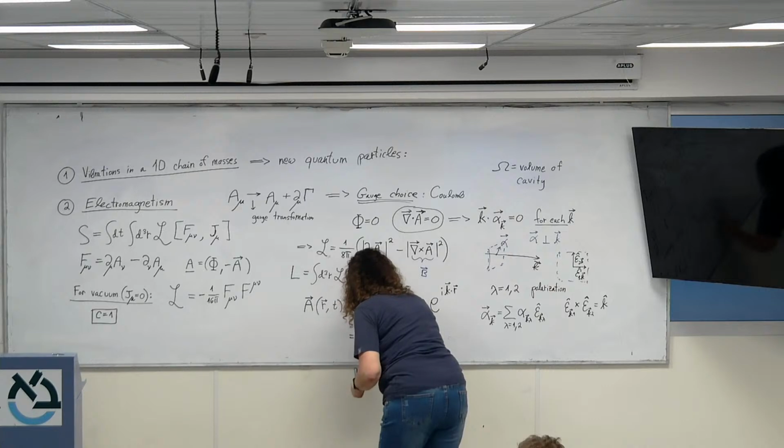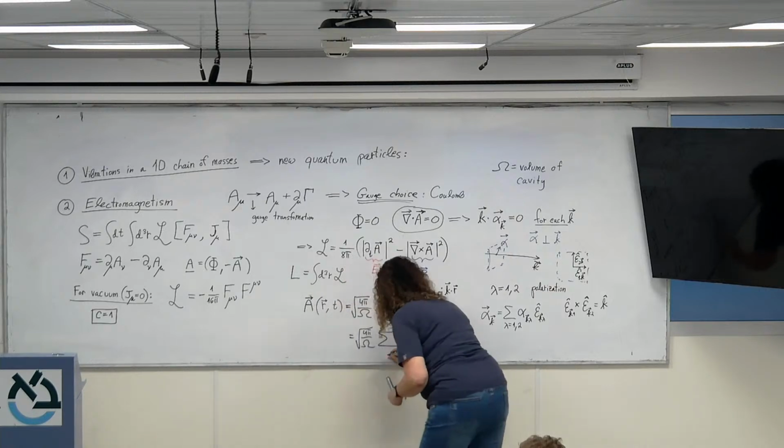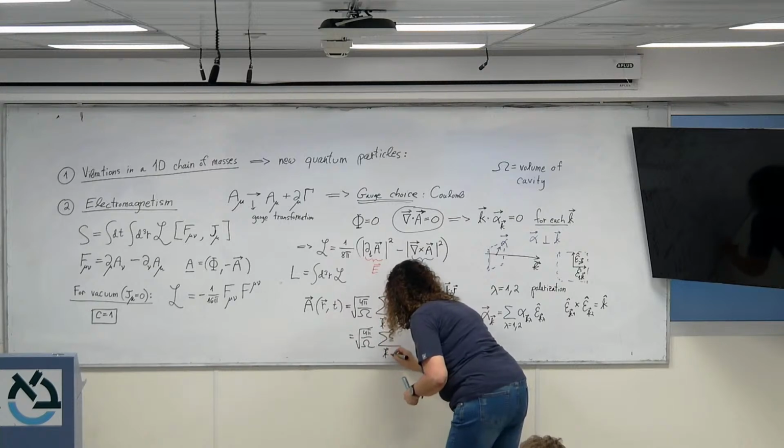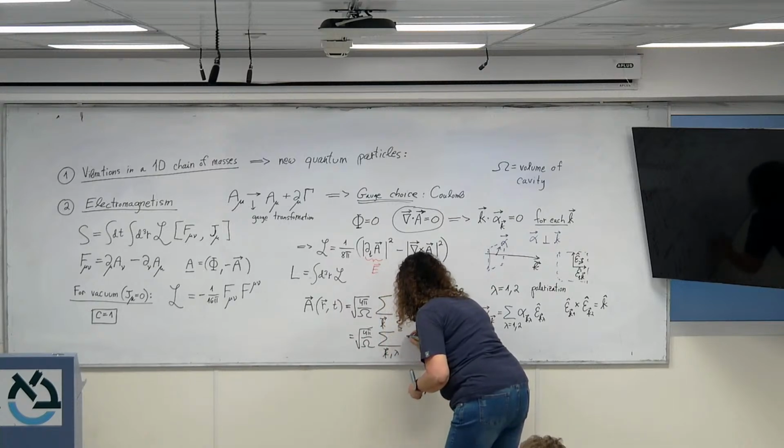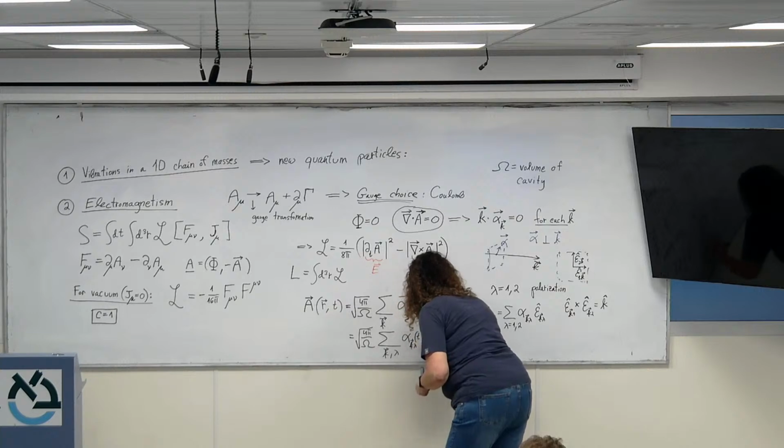It's the same normalization factor, the sum over both k and lambda of alpha k lambda of t, epsilon k lambda.